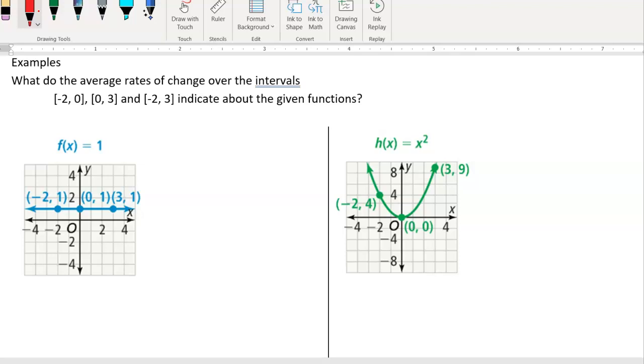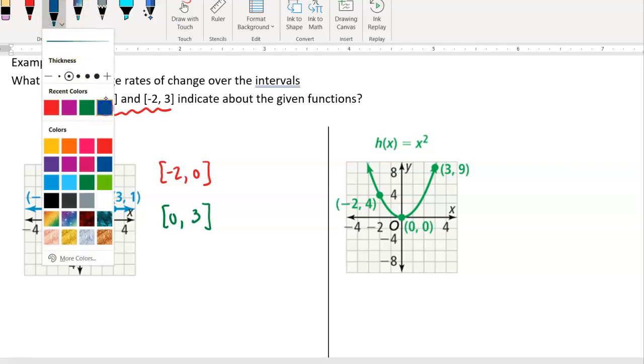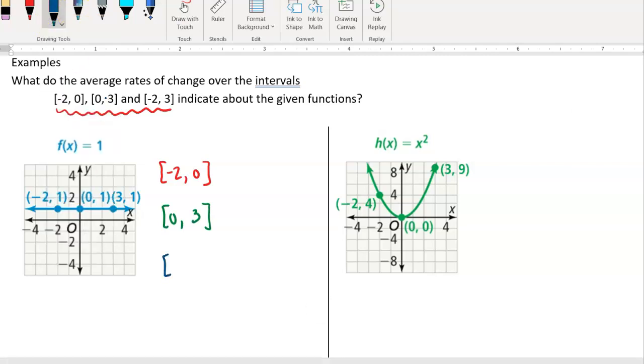All right, so they give us intervals here. These are not coordinates. It's not the coordinate -2, 0 and the coordinate 0, 3. Those are three separate intervals. And then our last interval would be -2, 3.